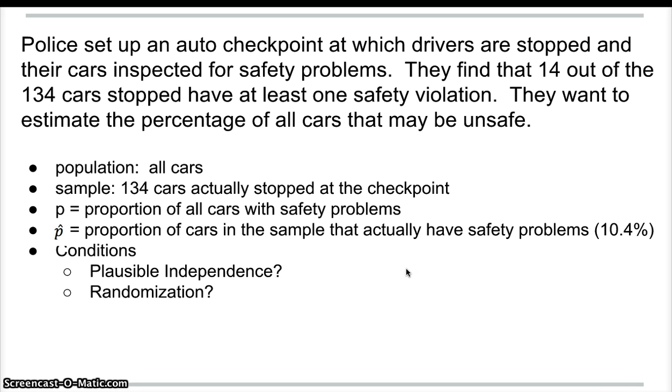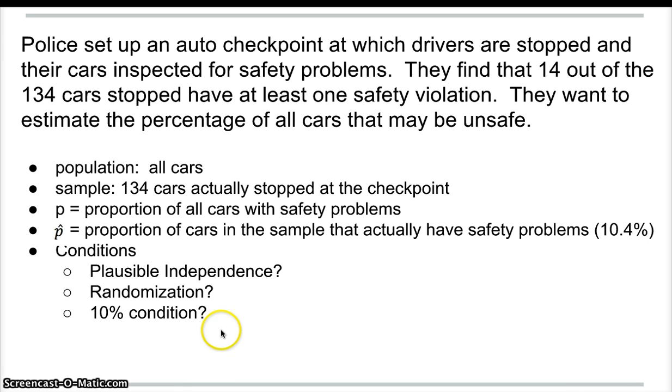The next thing we have to do is say whether it's random. Well, the sample's not stated as random, so hopefully what they did is stop cars randomly, and the cars stopped are representative of cars in the area. So that one's a little iffy. The 10% condition: 134 cars is definitely less than 10% of the entire population of cars.